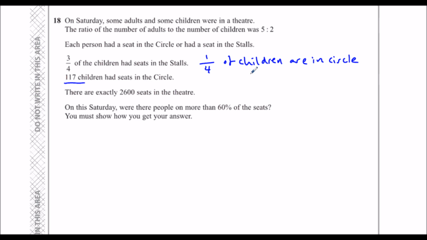So if 1/4 of children are in the circle and 117 children are in the circle, that means 117 is 1/4 of the children.